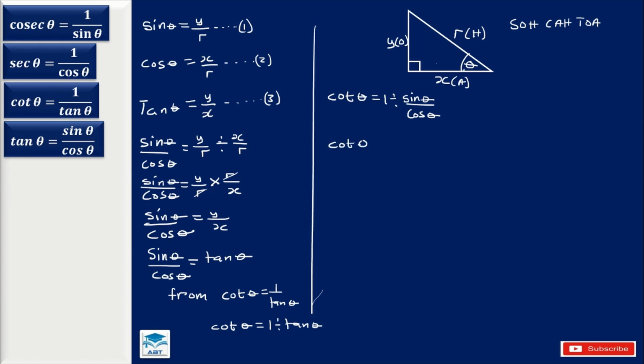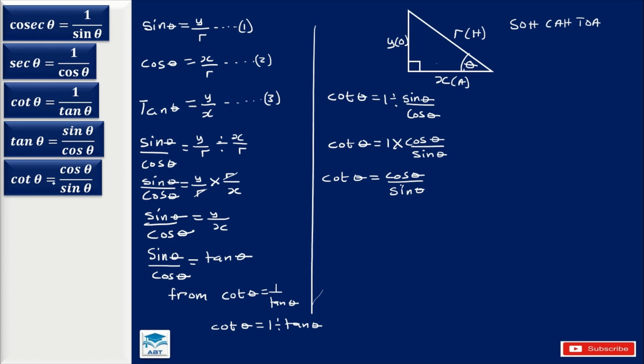We'll change the division sign to multiplication sign and reciprocate sine theta over cos theta. So we have cos theta divided by sine theta. So cot theta is equal to 1 times cos theta over sine theta. Cot theta is equal to cos theta divided by sine theta.